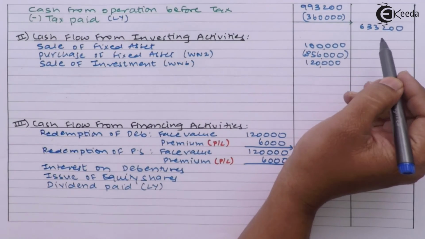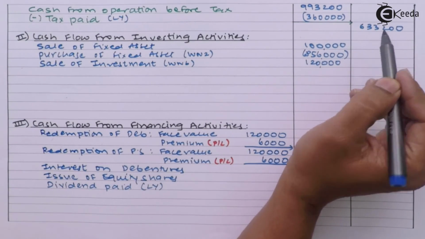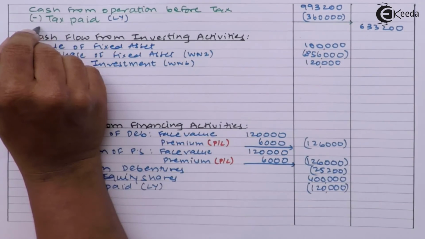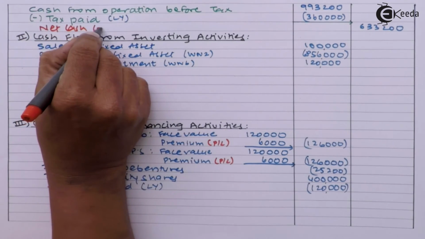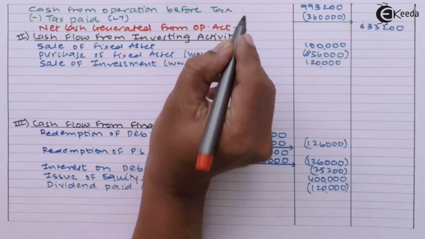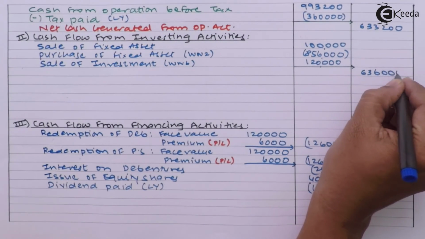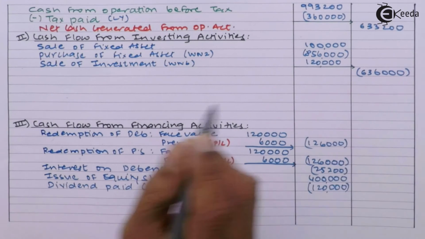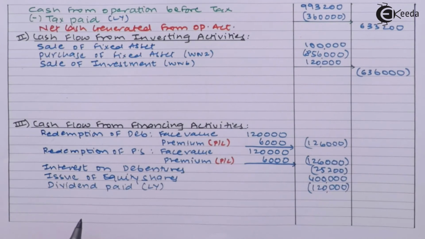So students, I have got net cash generated from operating activity. The investing figure is negative, so I can say that it is net cash used in investing activity.